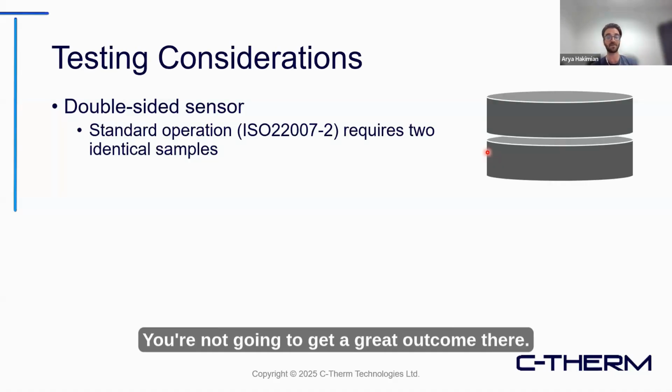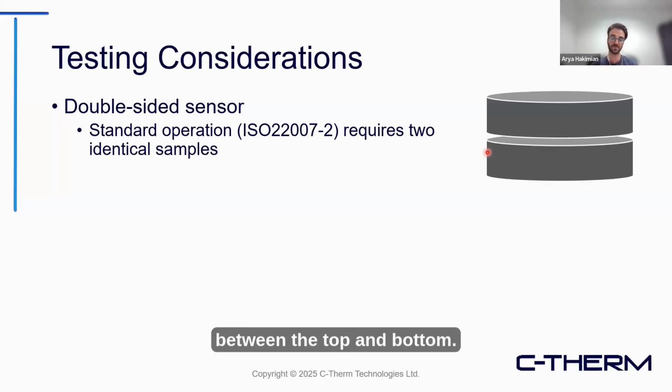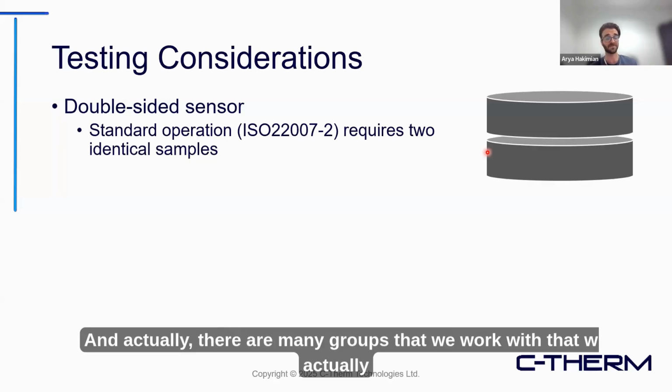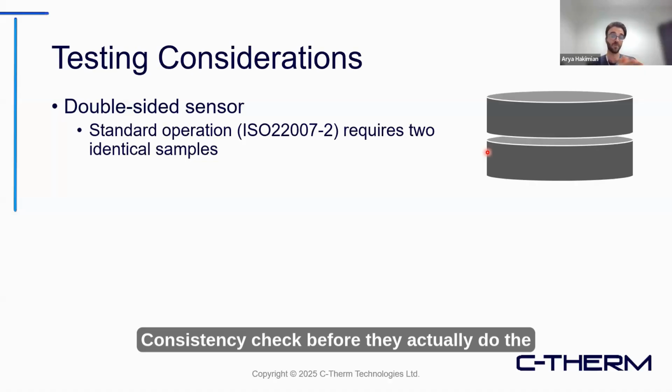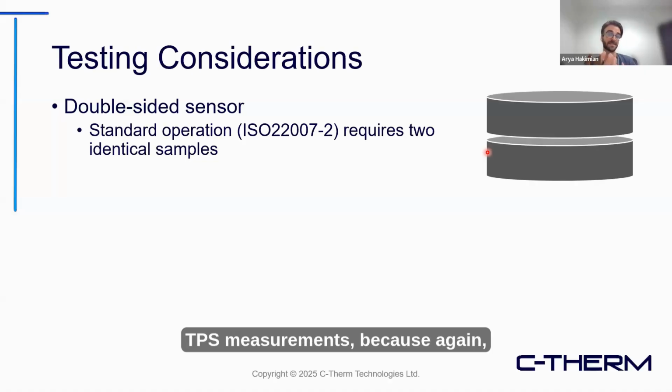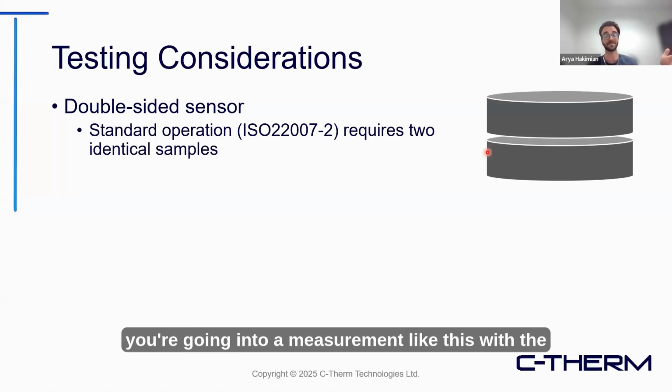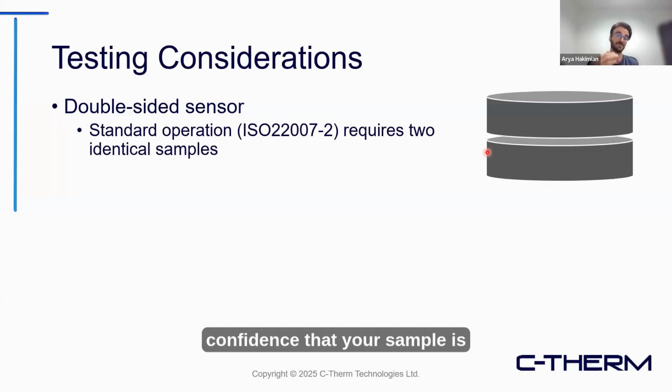You're not going to get a great outcome there. But as consistent and uniform as possible between the top and bottom. And actually, there are many groups that we work with that will use the MTPS to do that mapping and consistency check before they actually do the TPS measurements. Because you're going into a measurement like this with the confidence that your sample is in fact optimized and consistent in the top and bottom piece.